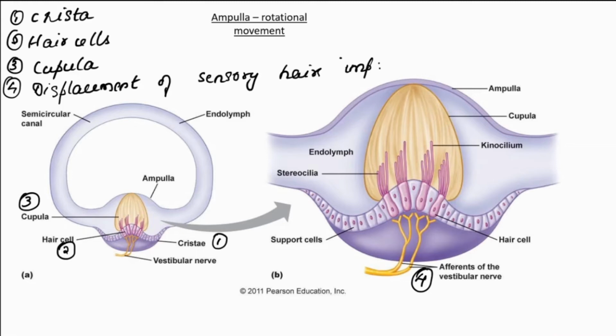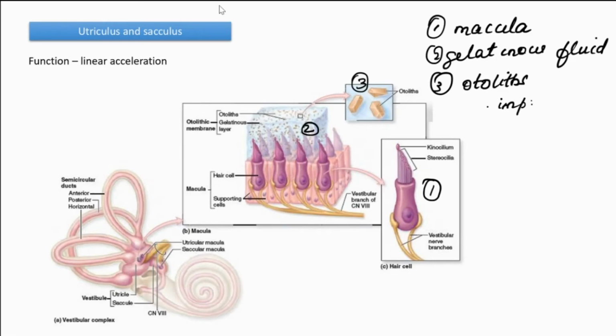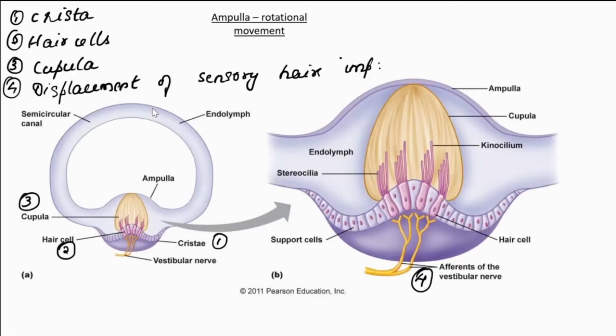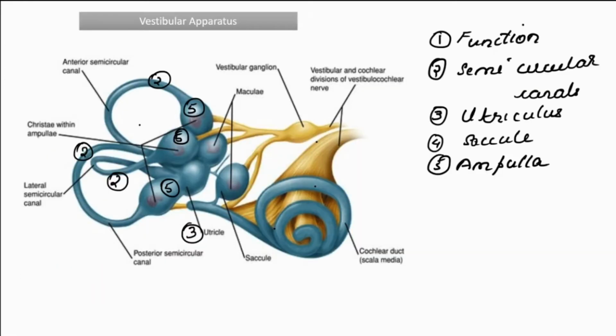Next, I think you understand that. Next, we are going to see about utriculus and sacculus. These are also sac-like structures seen associated with the vestibular apparatus near the semicircular canals. For remembering this structure, I am going back to this slide.